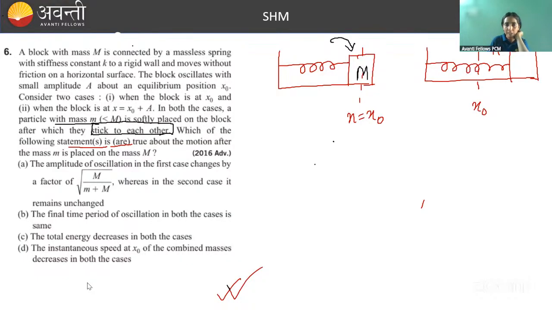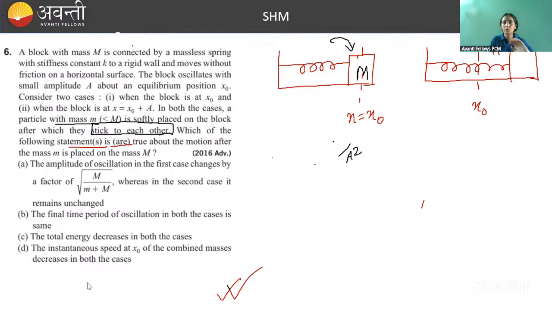The very common difference you can spot just by looking at position is that at the equilibrium position, velocity used to be maximum. क्योंकि velocity का formula आपने क्या पढ़ा है? Omega A root under 1 minus x square by A square. So when x is the equilibrium position, x will become 0, and velocity will become omega A, which is the maximum value.